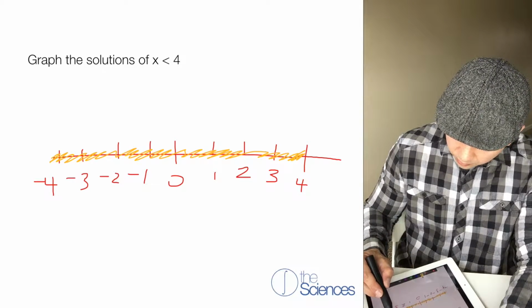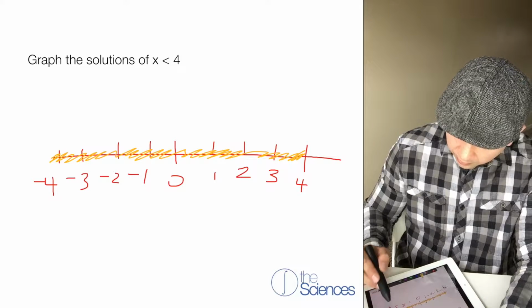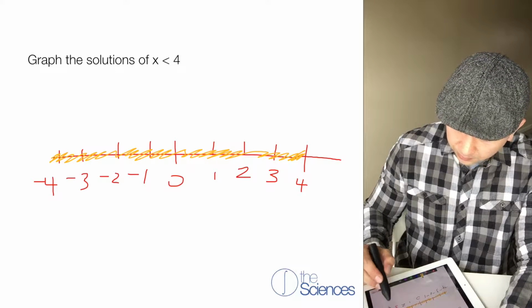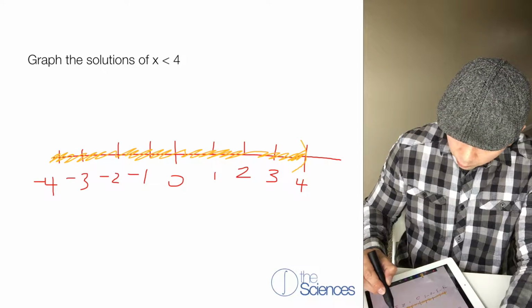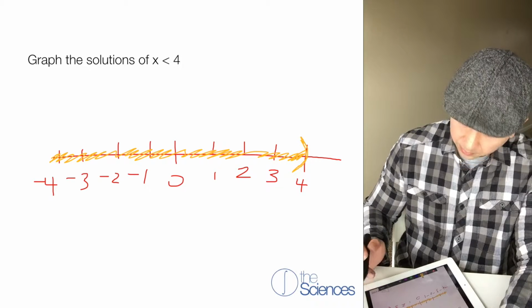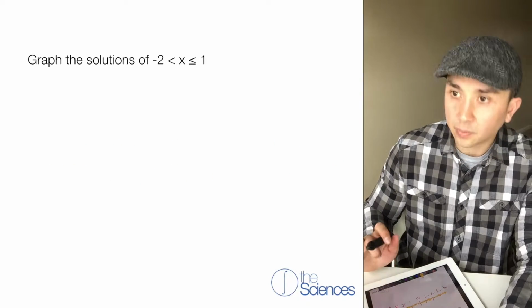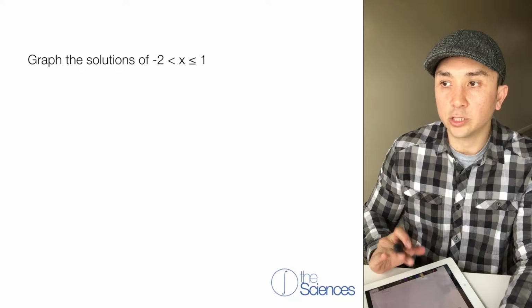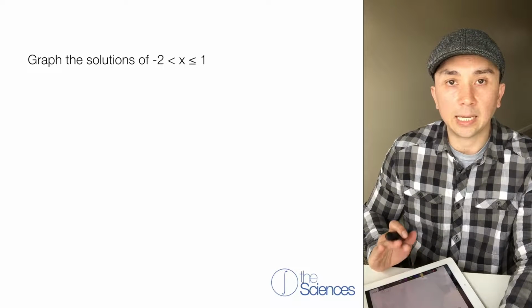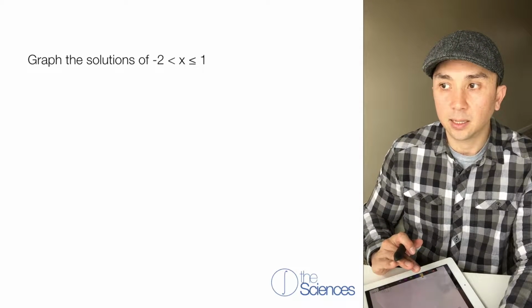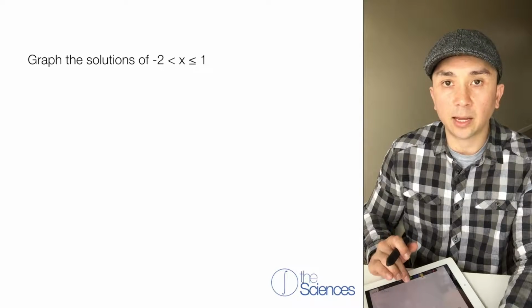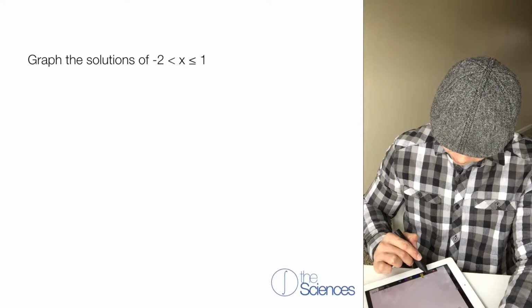And to show that 4 is not included, we're going to use a parentheses. Now let's graph the solutions. -2 is less than x, and x is less than or equal to 1.